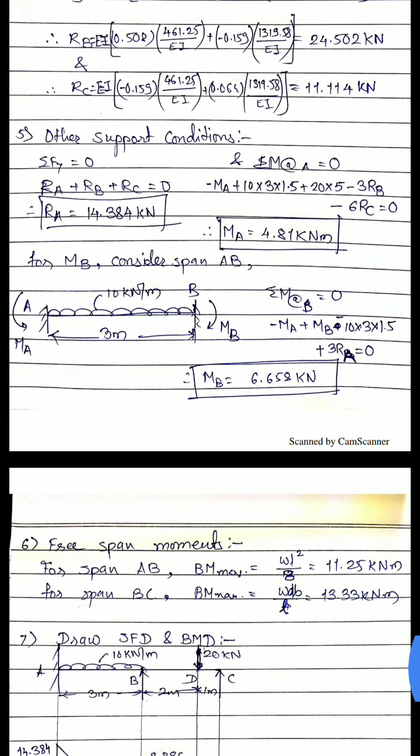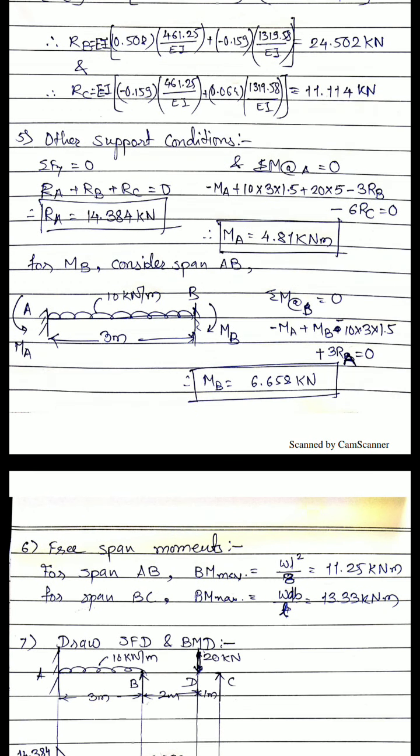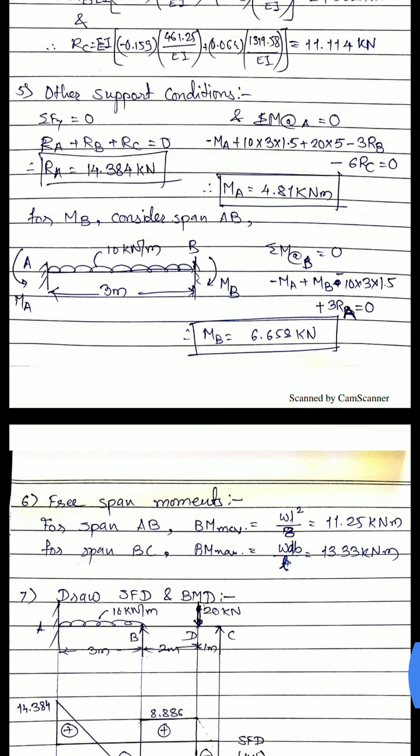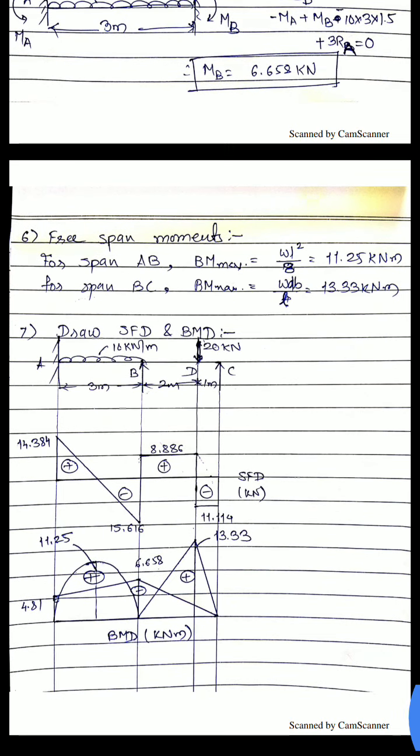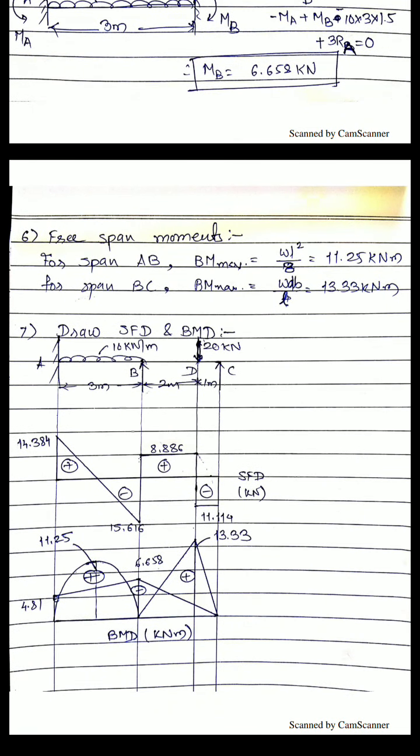So we have just calculated MA and MB, both are positive. That means we have assumed the correct direction for this. That means MA and MB are both hogging in nature. So 4.81, that is the MA value, we have taken as a minus. We are superimposing. Therefore this value will be in upward direction, or say the positive direction of your datum line, reference line. And then MB is also a hogging bending moment.